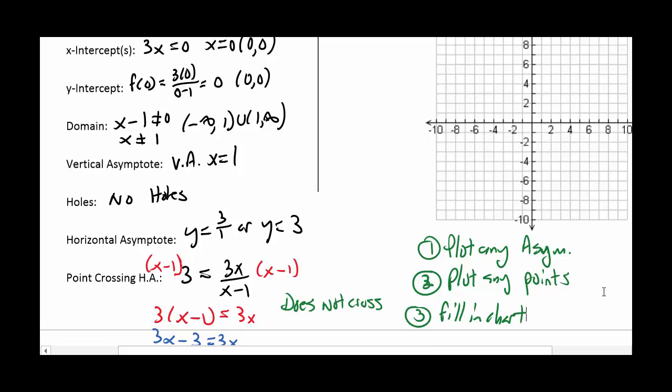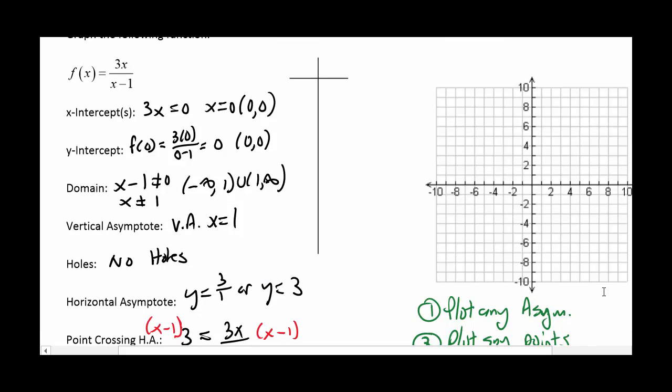Okay, so I've got an asymptote at x equals 1. That's a vertical asymptote. So I'm going to come over here, and there's my VA at x equals 1. I've got an HA at y equals 3, so right there.